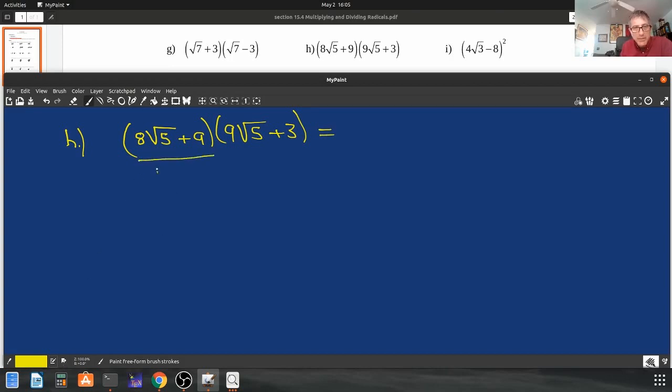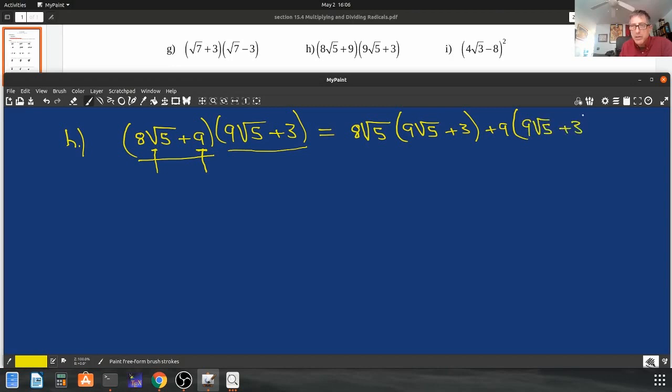I'm going to take the first term in my first factor, which is 8 times the square root of 5, and multiply it by my entire second factor, 9 times the square root of 5 plus 3. Then I'm going to go back to my first factor and take my second term, which is 9, along with its sign, plus 9, and then multiply it by my entire second factor as well.